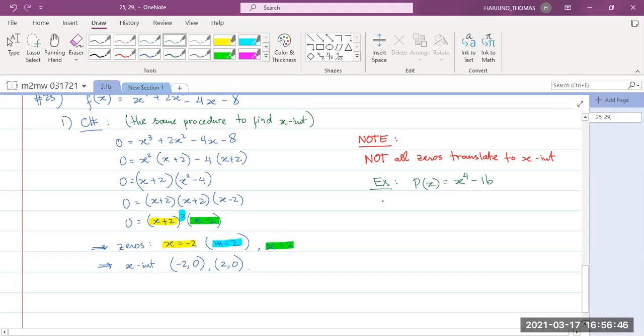If we try to find the zeros, we set P(x) equals 0, right? And then we factor it: (x squared plus 4)(x squared minus 4). We can factor x squared minus 4 further, but x squared plus 4 cannot be factored further.